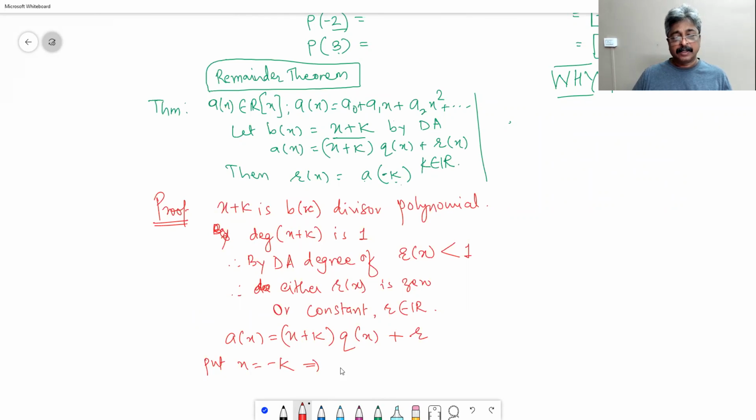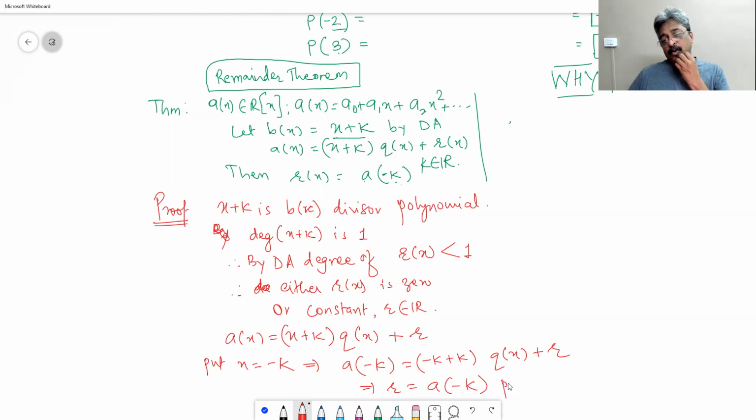What happens? A of minus k, the LHS, is equal to minus k plus k times q of x. This is 0, therefore r is equal to a of opposite of k. Proved.